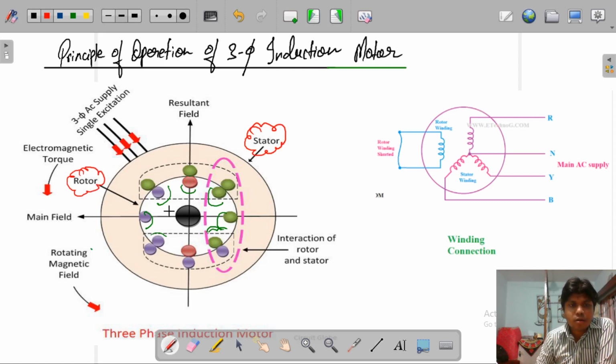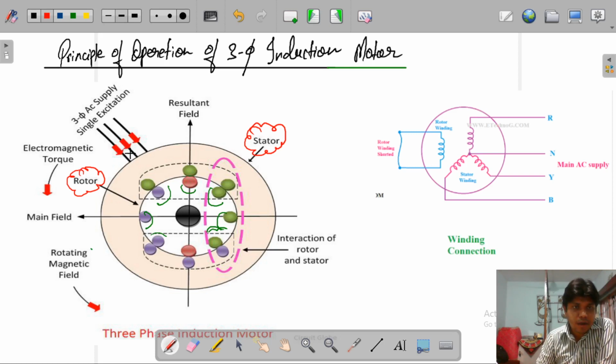The outer body of the induction motor is known as the stator, and the internal structure is known as the rotor. What happens when a three-phase AC supply is connected to the stator, which contains the three-phase winding at 120 degrees with respect to each other? It produces a rotating magnetic field.